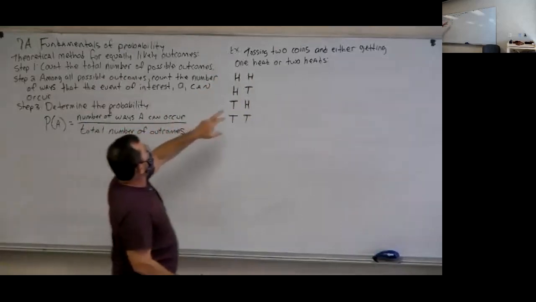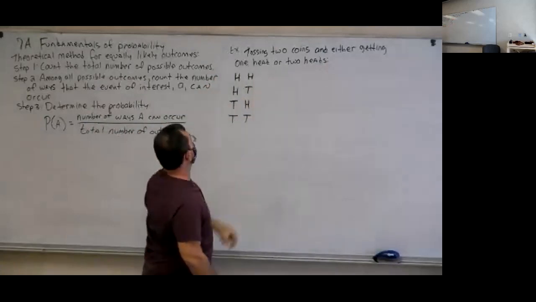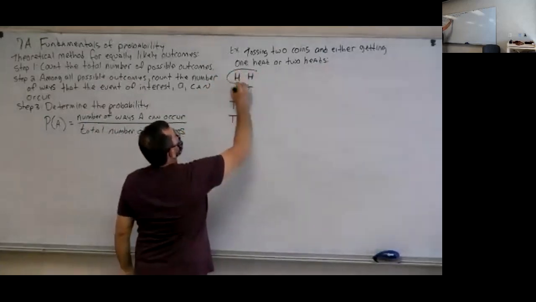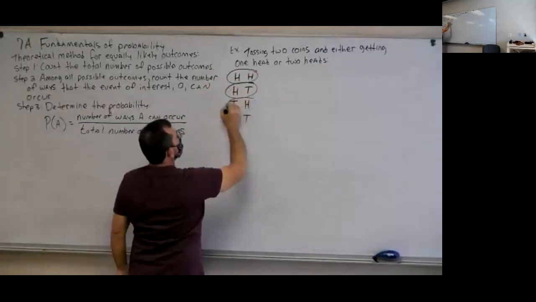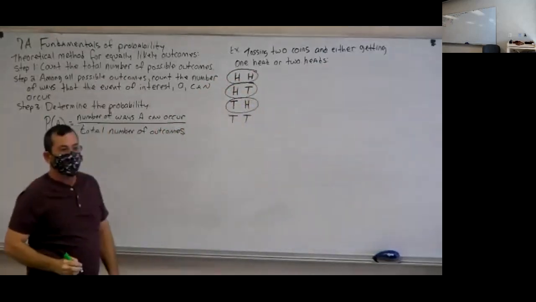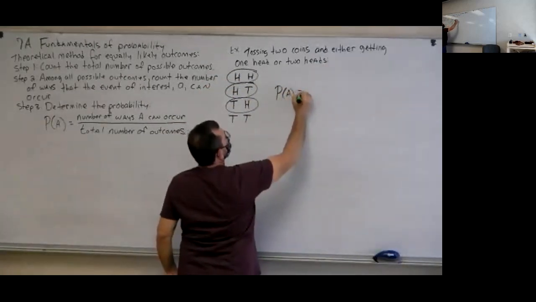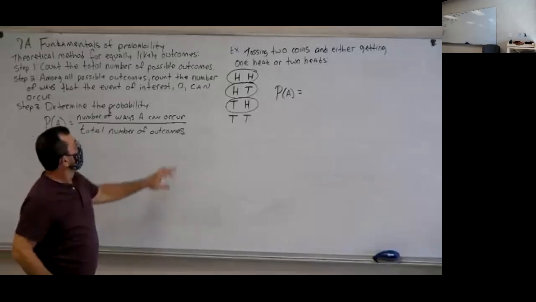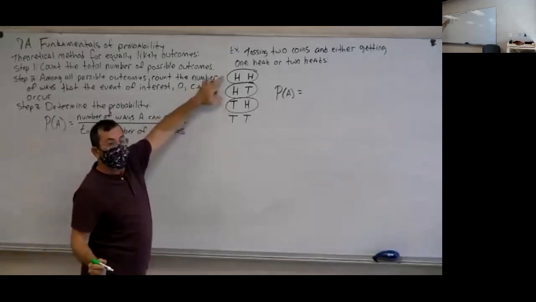And they want to know which of these outcomes give me 1 head or 2 heads. So this one has 2 heads, this one has 1 head, and this one has 1 head. So my P of A will equal the possible ways to get either 2 or 1 head, which I had 3 ways, right?